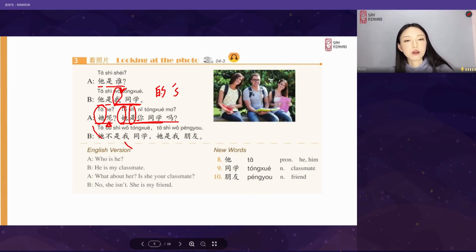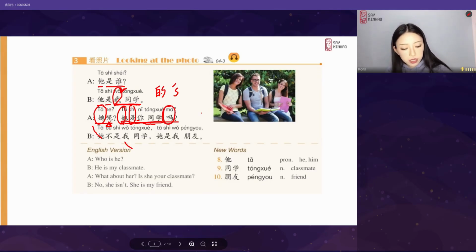So 他是你同学吗? Is she your classmate? And 吗 is what we learned before. It is a particle used at the end of a question. So whenever there is a 吗, the sentence must be a question.